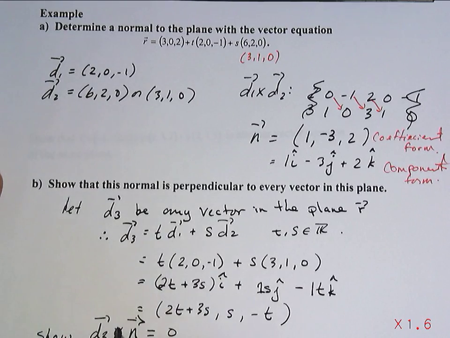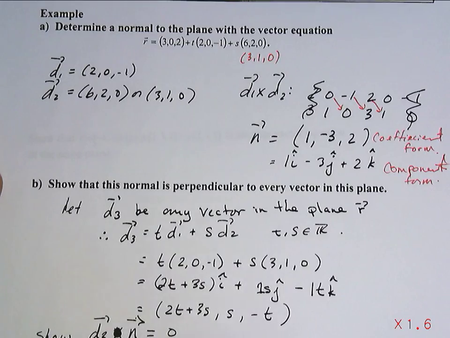We're going to use the property of the dot product. So it's going to be D3, which is (2T plus 3S, S, negative T), dot (1, -3, 2). We don't know what that equals yet, so we're waiting to find out. So this times this is going to be 2T plus 3S, negative 3S, negative 2T.